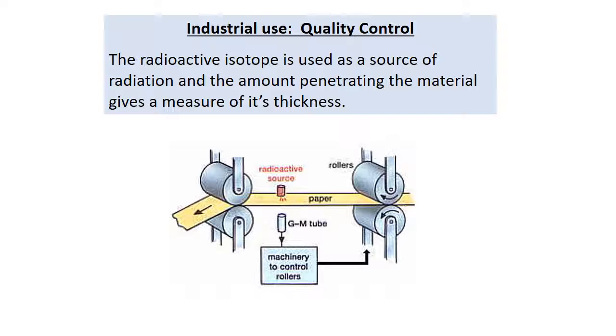It will determine how thick your paper is, for example, because radioactive sources only have a certain penetration. So if your Geiger counter cannot pick up the radioactive source, it means your paper is getting too thick. Or if your Geiger counter is having an increased amount of radiation, it means your paper is too thin, in this particular example anyway.